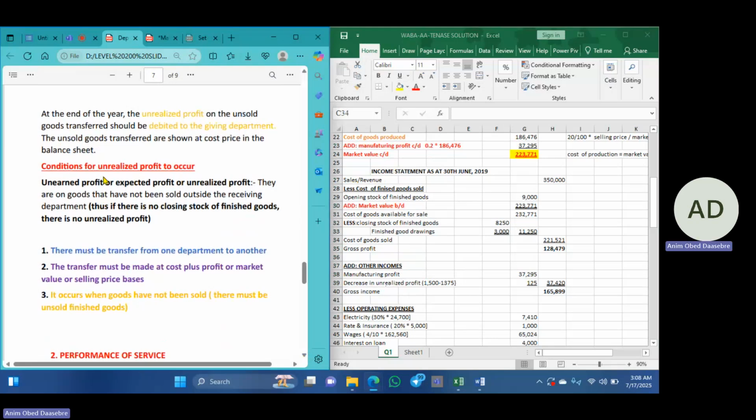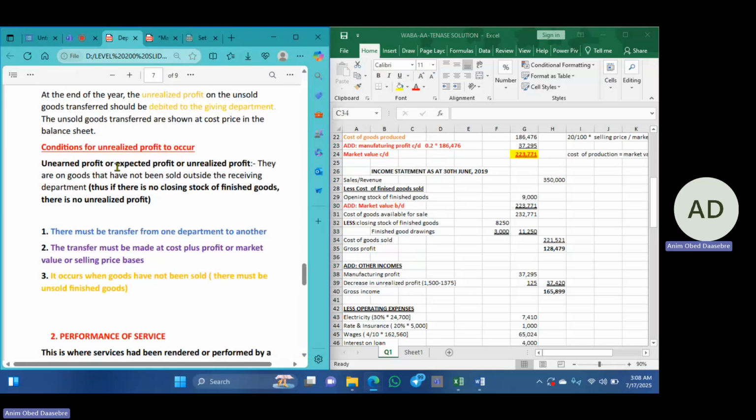for unrealized profits to occur. So unrealized profits, or expected profits, are on goods that have not been sold outside the receiving department. So the goods that we have transferred to the sales department, those components that have not been sold, are what we are going to realize the profit on.